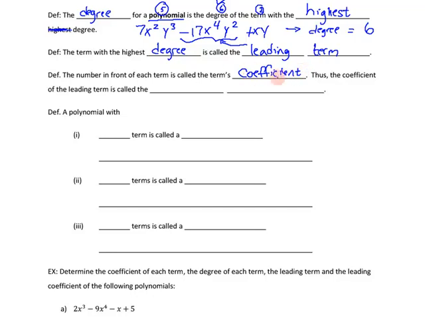I will talk about coefficients, and I may even use that nomenclature somewhere along in the course, but now I'm explicitly defining it for you. Coefficient is the number that is in front of the variables in each term. And in the case that we're talking about the leading term, we sometimes refer to the coefficient of the leading term as the leading coefficient.